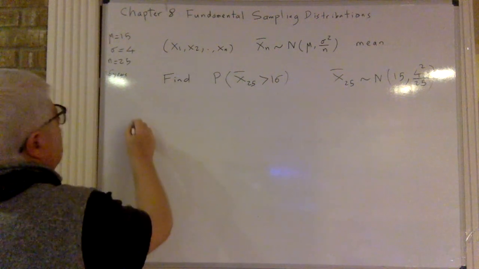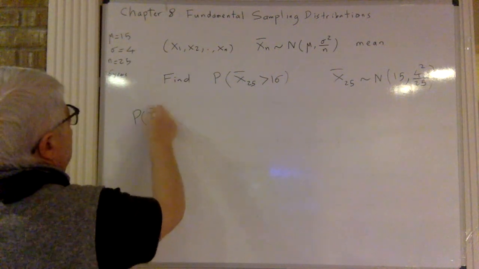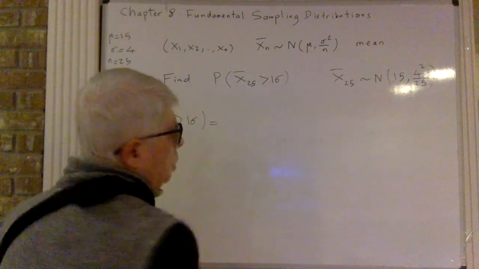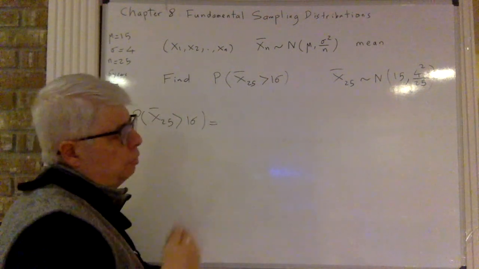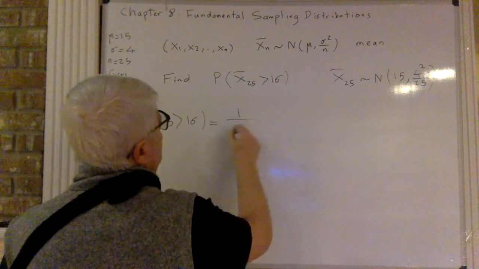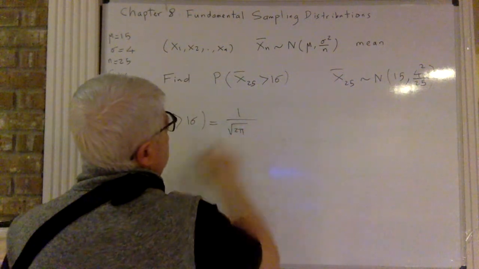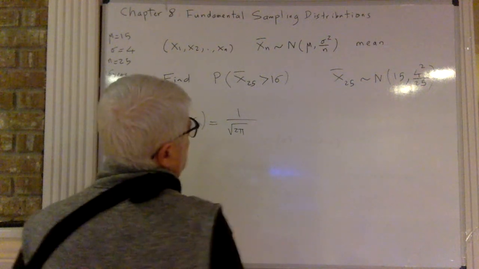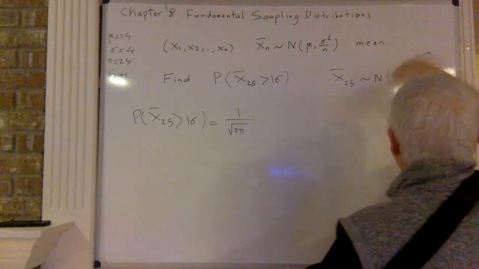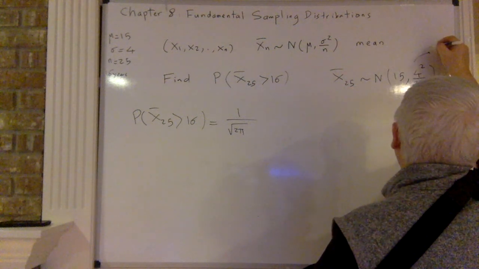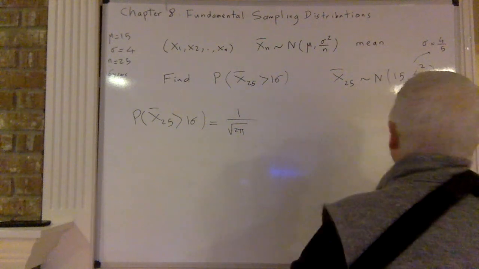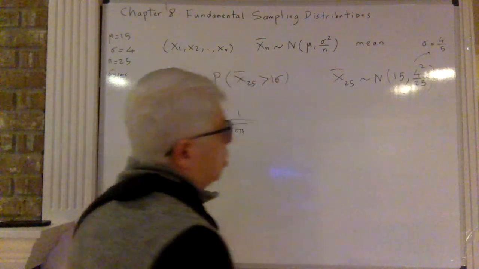So this is in fact P of x bar 25 bigger than 16. If I use the PDF of that normal distribution, that is 1 over square root of 2 pi sigma, and if this is the variance, this is sigma squared. So the sigma of this is in fact 4 over 5, right? That's variance. Variance is sigma squared.